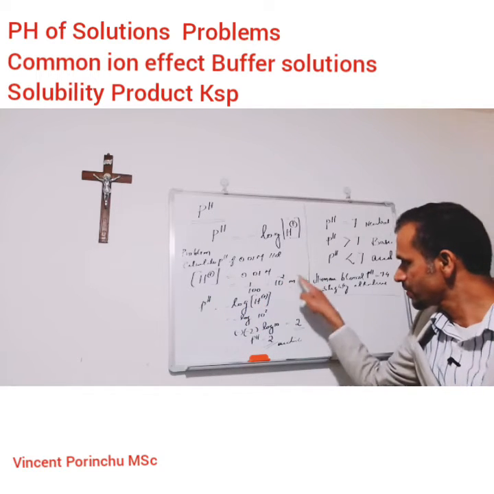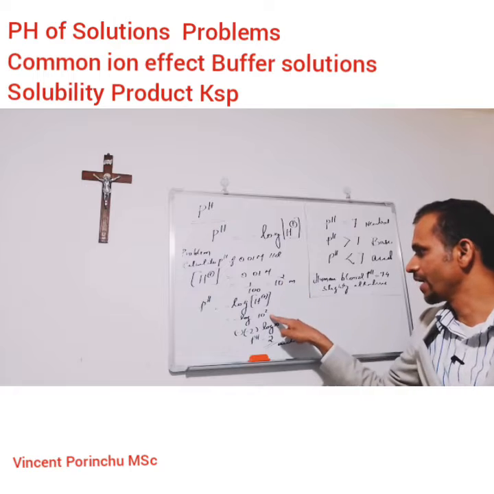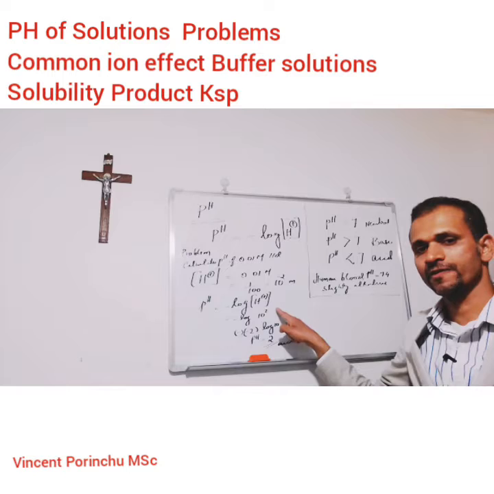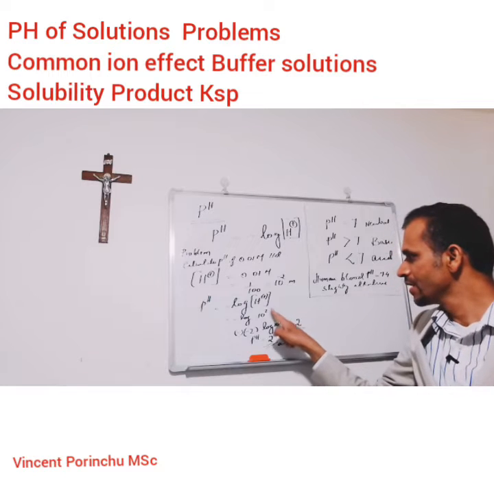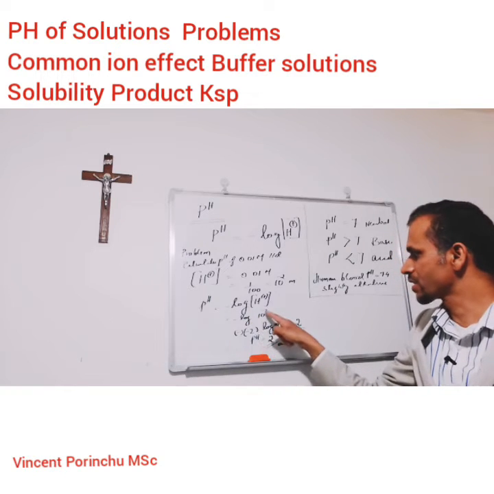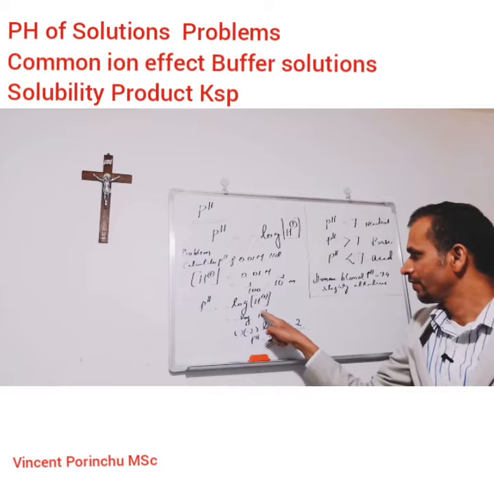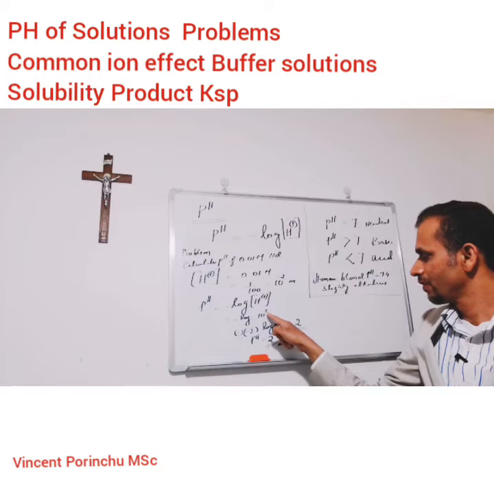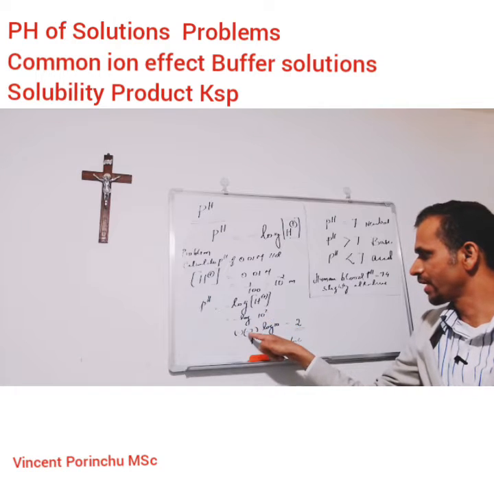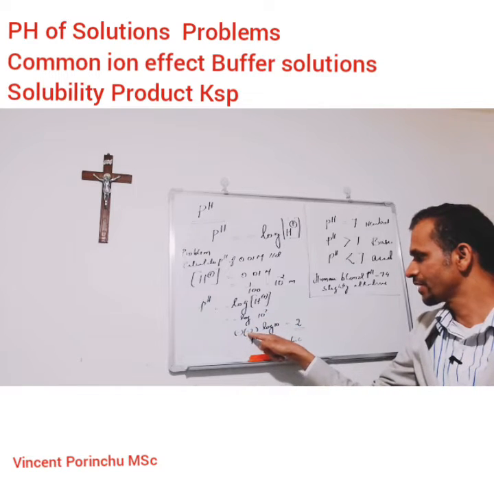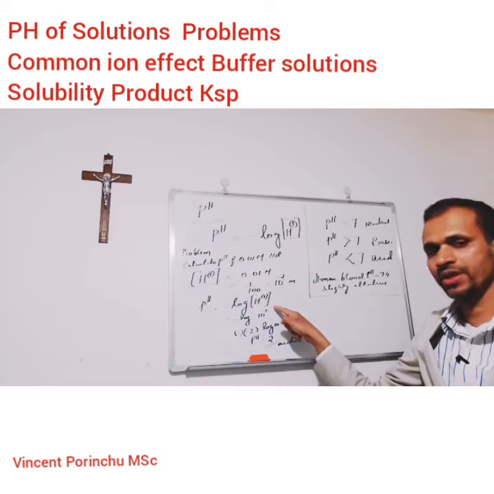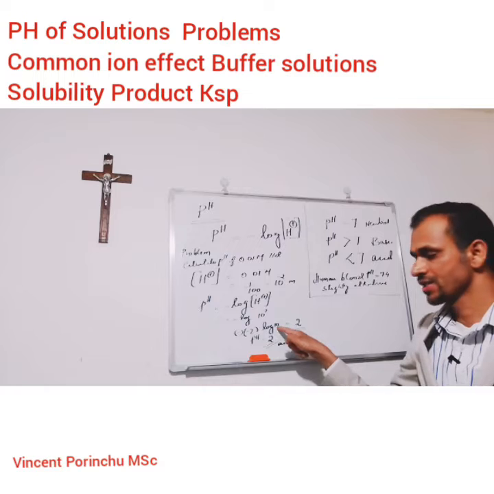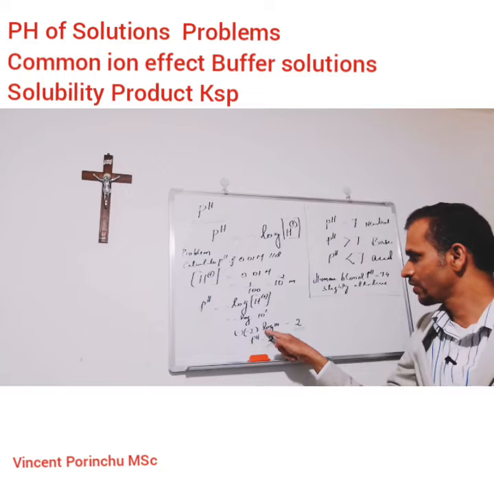So we substitute: minus logarithm of 10 to the power of minus 2. When we rearrange this equation, we take the power out front: minus of minus 2 into log 10.